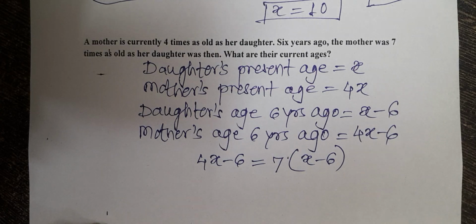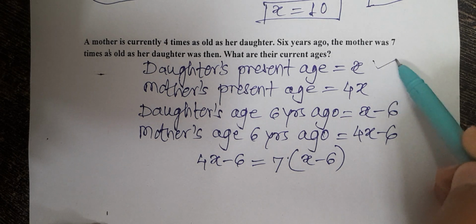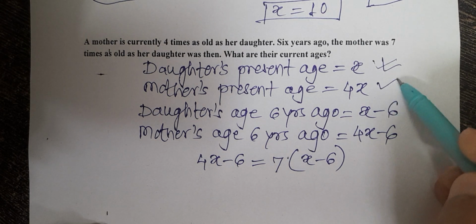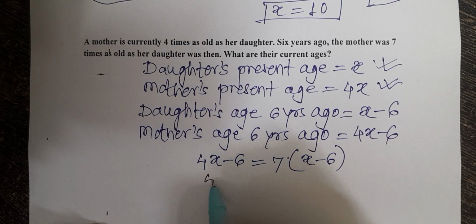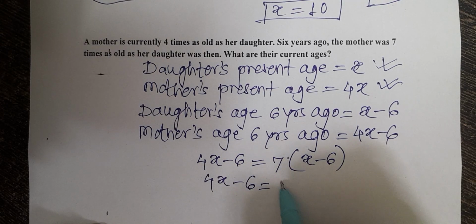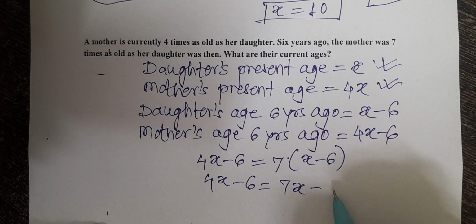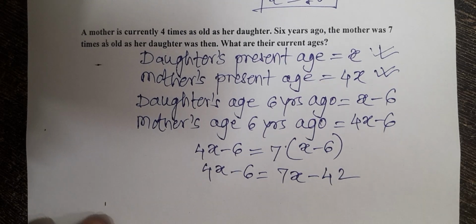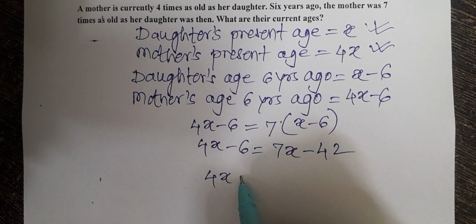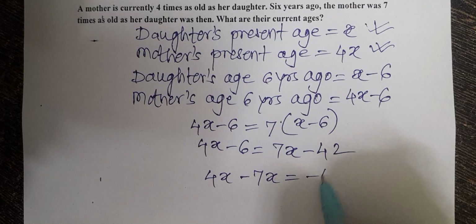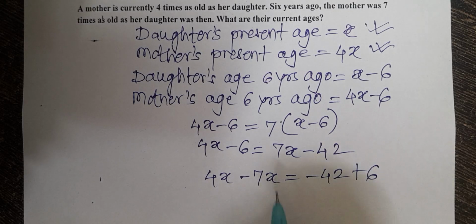Now I have to just solve this equation, find the value of x, and then put these values in these present ages. We will get their current ages. Okay, so just solve this equation. 4x minus 6 is equal to 7x minus 42. Okay, so take here 7x on this side. 7x is equal to minus 42 plus 6, minus 3x.